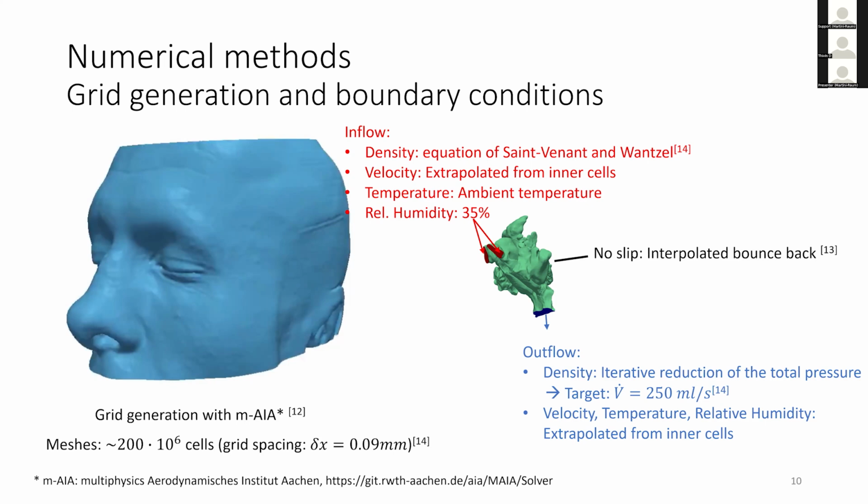Once this is reached, the iteration continues, so it goes back and forth with an iterative process that we implemented. For the velocity, temperature, and relative humidity, it is also extrapolated from the inner cell. The wall boundary condition I will go into in more detail later, but for now it's a no-slip condition with the interpolated bounce-back scheme.